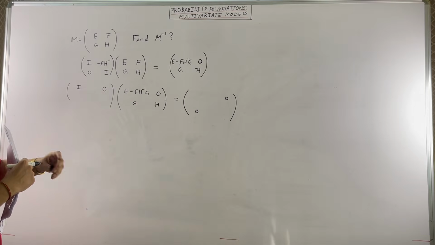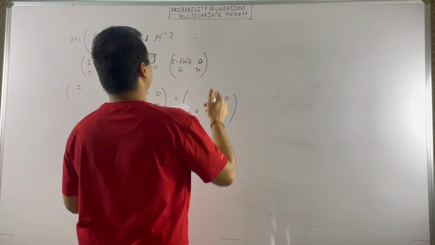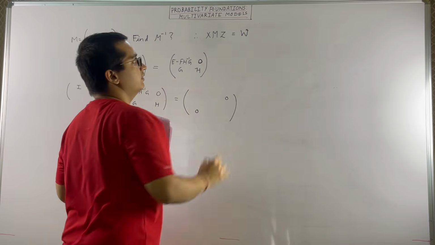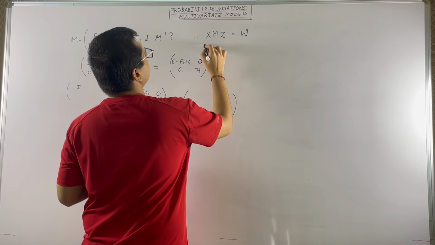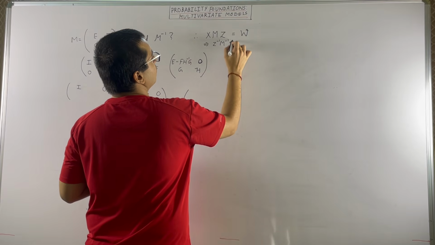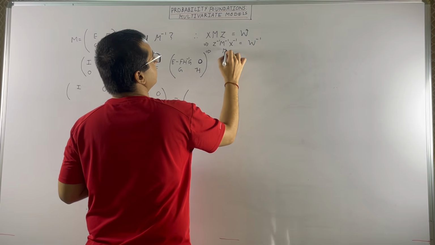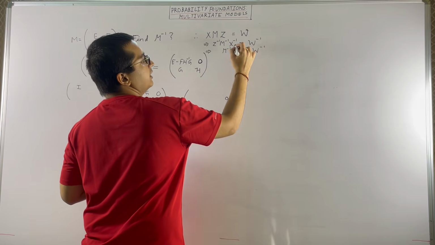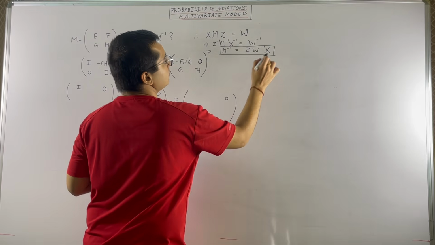So think this way, that if I can write M in this form, let us say, if I can write some X times M times Z is some W, let's say, all right, then in that case, if I take the inverse on both sides, what do I get? W inverse, right? So if I do the multiplication, so left multiply with Z and right multiply with X can give me something of this form, all right?